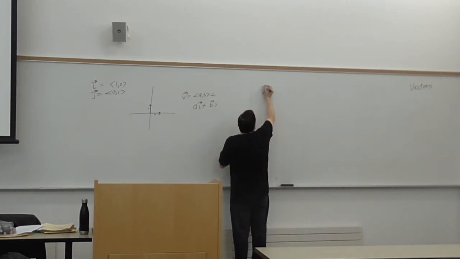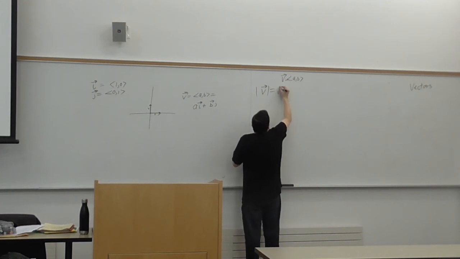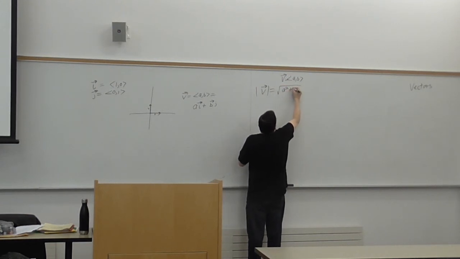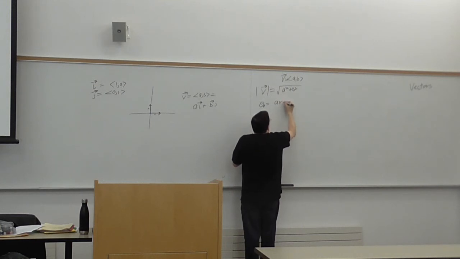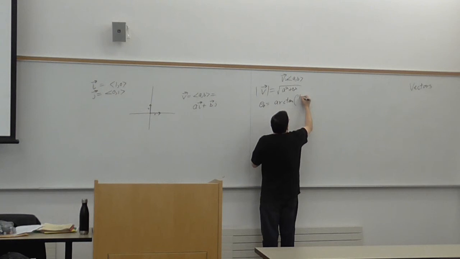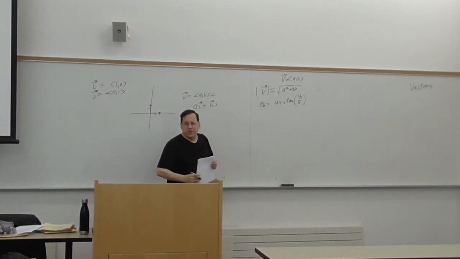We saw that the norm of the vector (a, b) is the square root of a squared plus b squared, and that the angle theta of the vector is the arctan, inverse tan, of b over a, with that adjustment for which quadrant it's in.